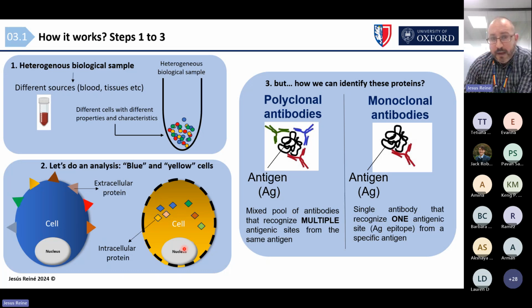The key of this is, imagine if we would like to analyze antigens or proteins which are expressed on the surface of the blue cells, but also we would like to analyze proteins which are located inside the cell. To do that, we need certain tools which are critical to identify these proteins. For this, we usually use antibodies, which are of two different types: monoclonal antibodies and polyclonal antibodies.